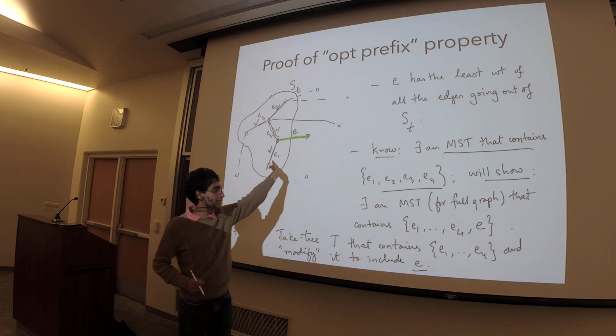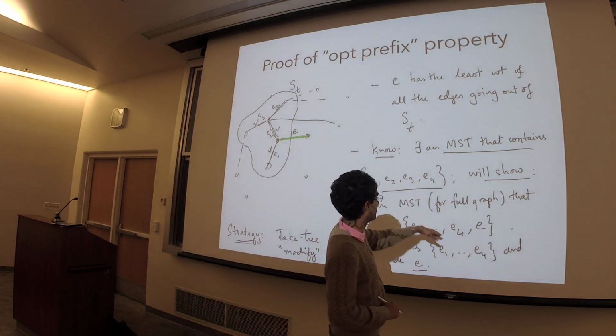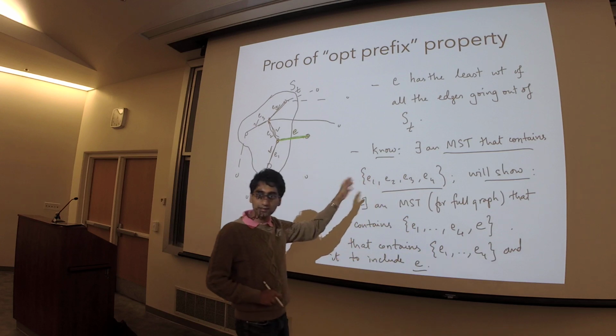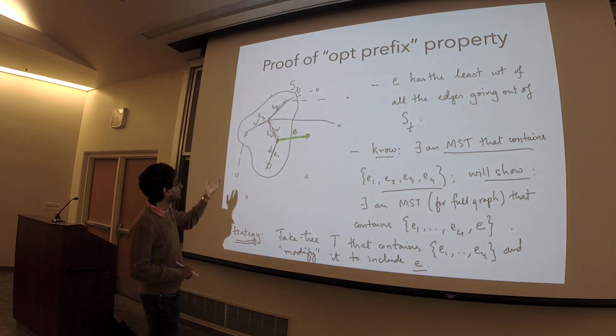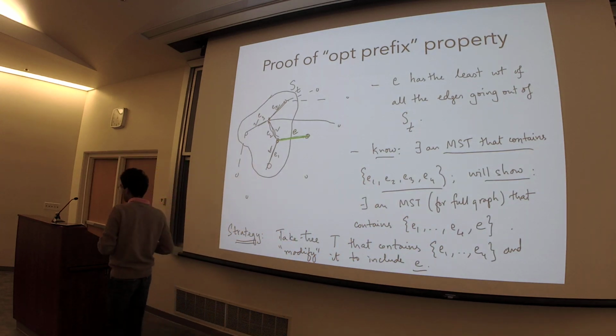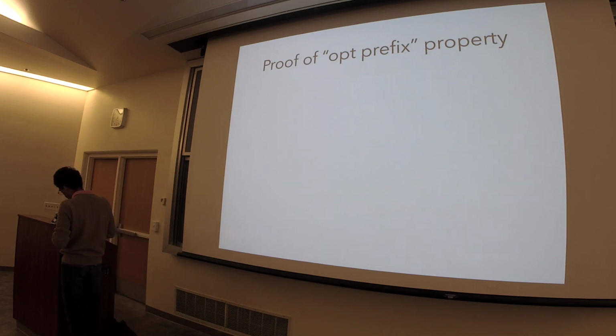Right? Because all you want to show is that there exists a minimum spanning tree that contains all of these things. Okay, so if it already contains, you're done. So assume it doesn't contain it. Okay, so then the tree T looks as follows.